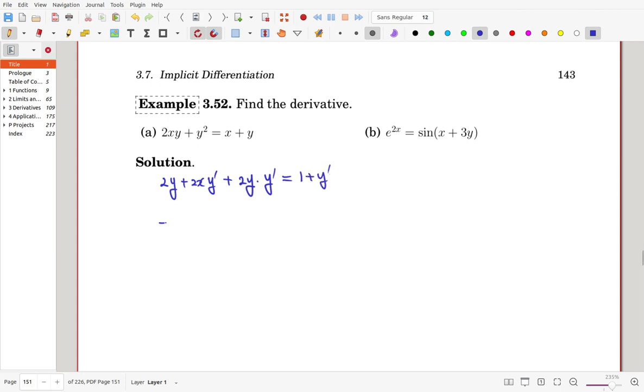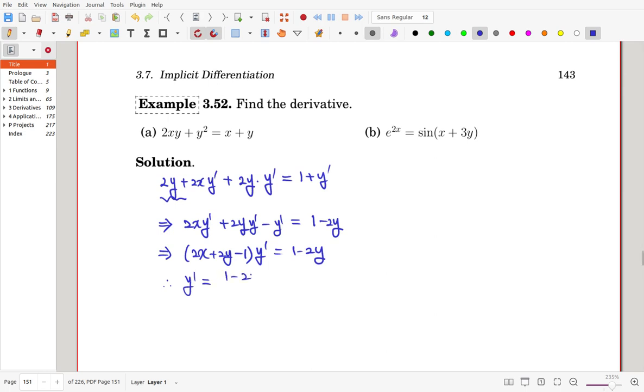So here we collect the terms including y prime on one side. That is 2x y prime plus 2y y prime minus y prime equals 1, and the term 2y can be moved to the other side. So we have 2x plus 2y minus 1, times y prime, equals 1 minus 2y. So we can conclude y prime equals 1 minus 2y, divided by 2x plus 2y minus 1.